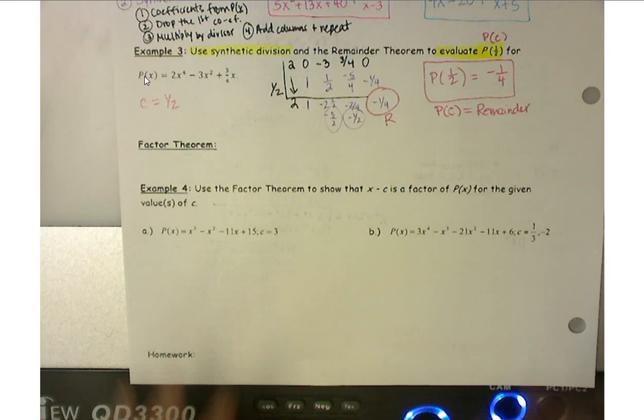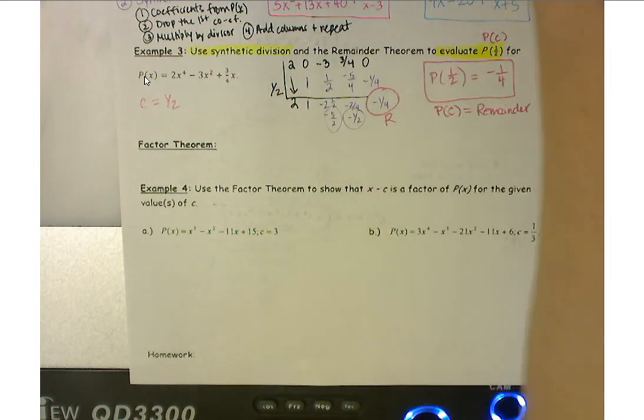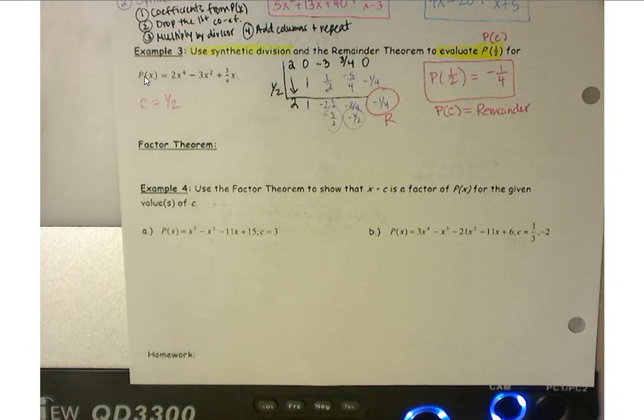All right, so the next theorem we're going to talk about is the factor theorem. So again, I'm going to write it down and then we're going to annotate it together.